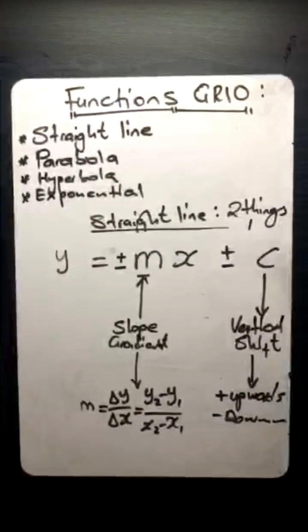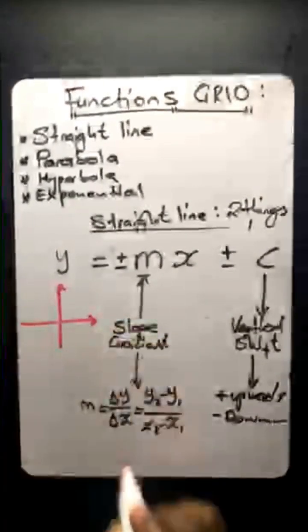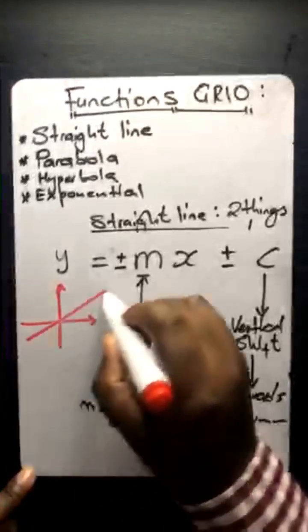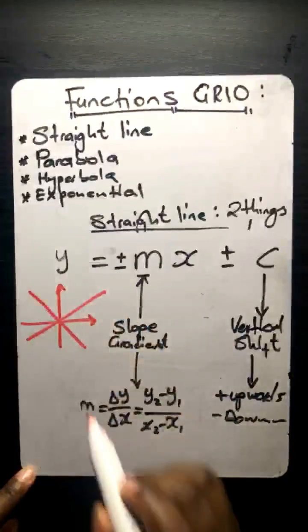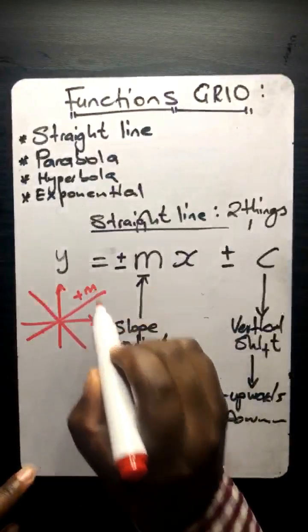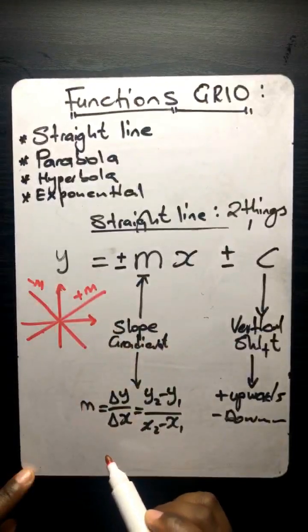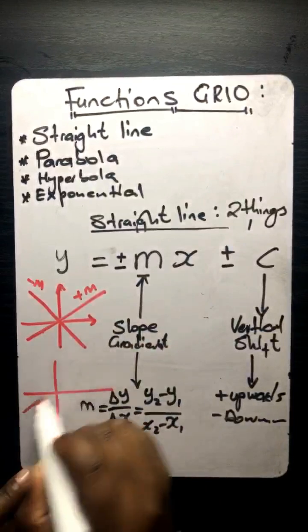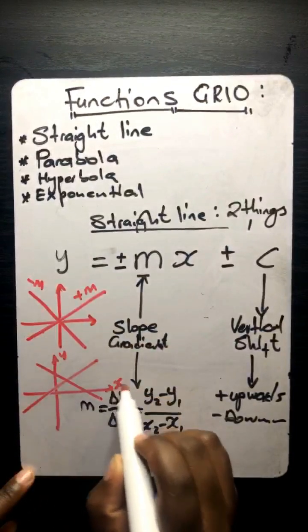And just to summarize on a diagram, if you have a Cartesian plane similar to that, this line and also that line, the only difference is that this one has a positive gradient, and this one has a negative gradient. And then also, let's say maybe you have that line or otherwise that line on a Cartesian plane.